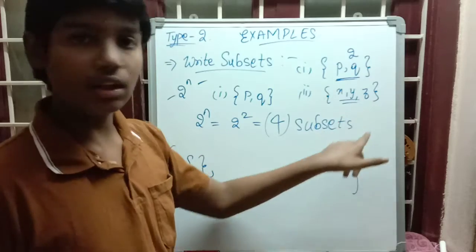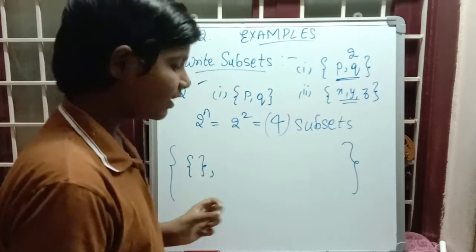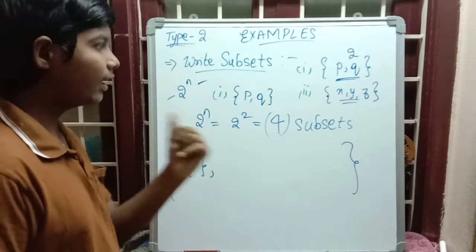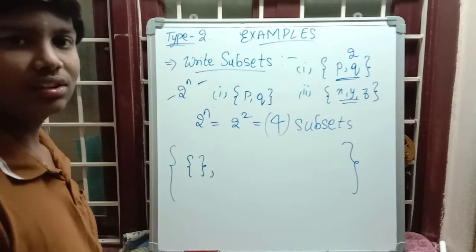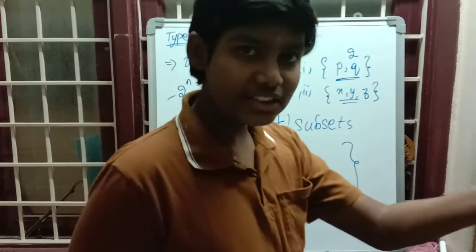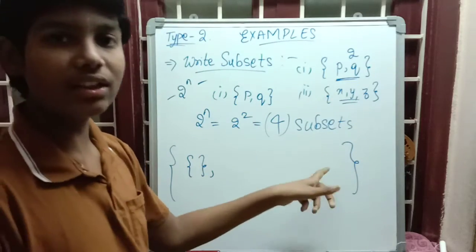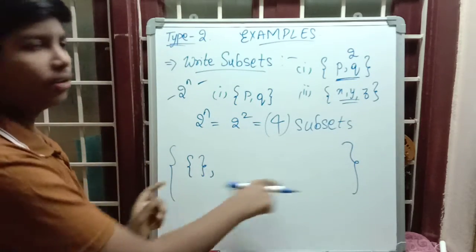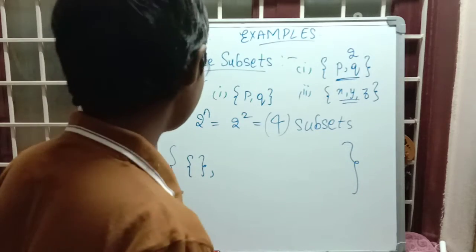In the set X, Y, Z also the null set will come. Second, the given set is a subset of itself. X, Y, Z will come.